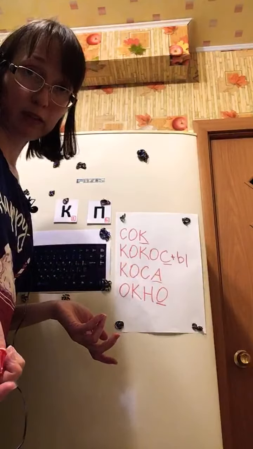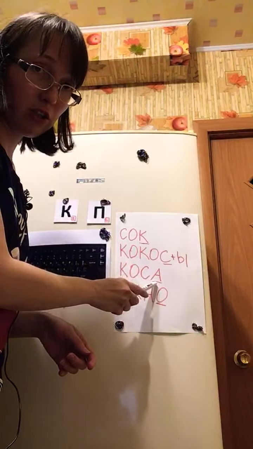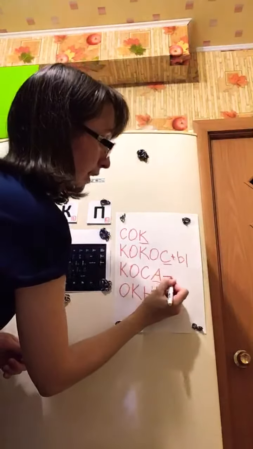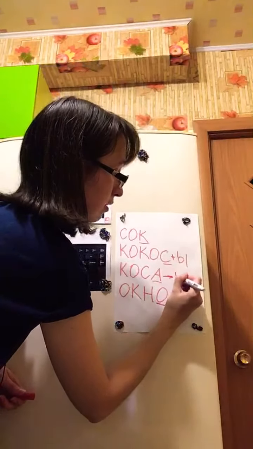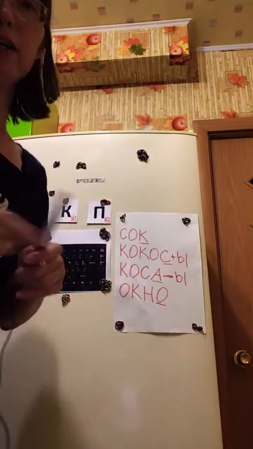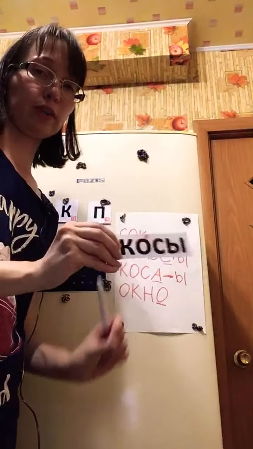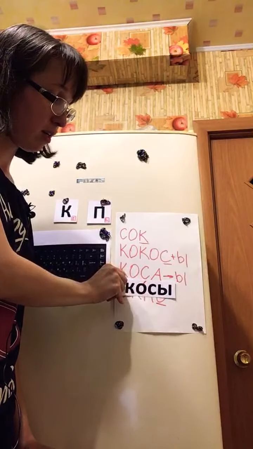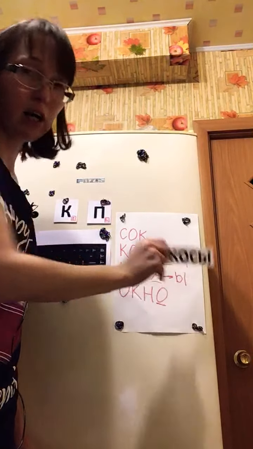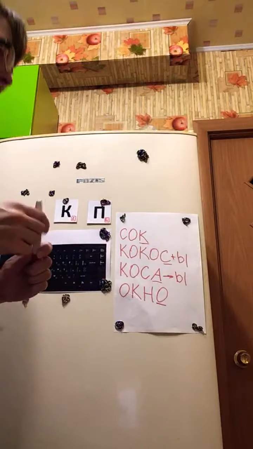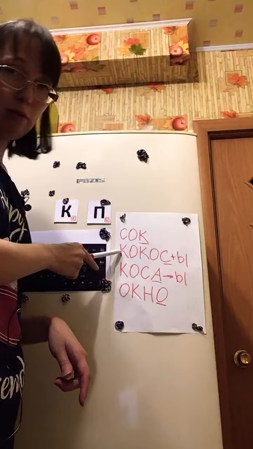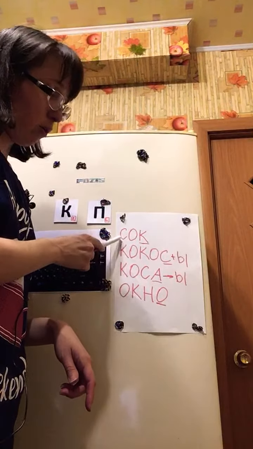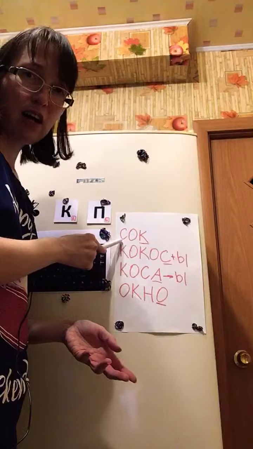Коса, косы. We change A, we replace it with Y. Again. Коса, A becomes Y. Коса, косы. Okay? Singular, plural. So it's about masculine nouns and about feminine nouns. Why did I skip the first noun?